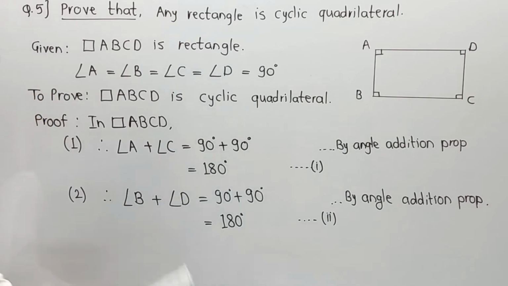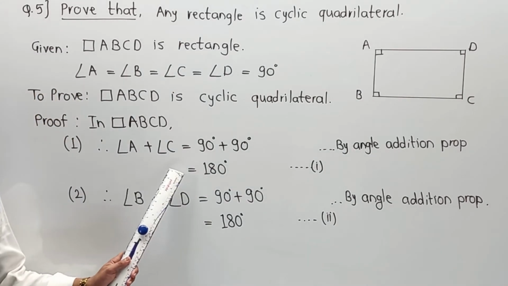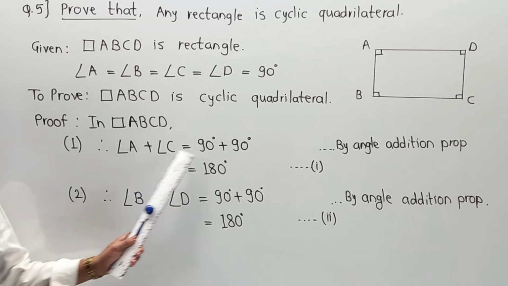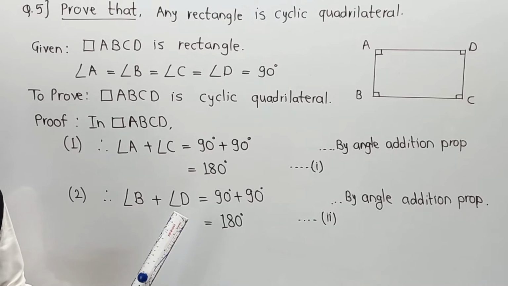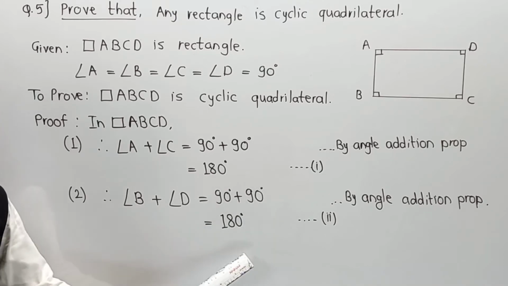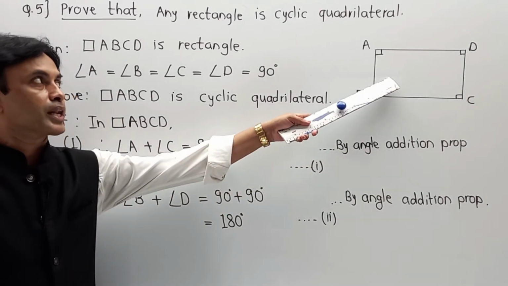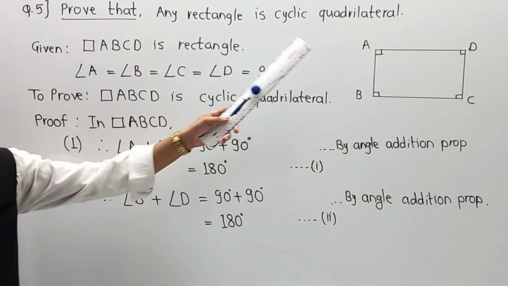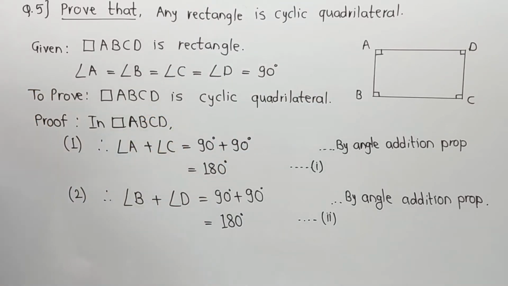Now here, in the first pair, angle A plus angle C, opposite angles of the rectangle, their addition is 180. Next, angle B plus angle D, again opposite angles, their addition is 90 plus 90, 180. That means if opposite angles are supplementary, then that quadrilateral, the rectangle, must be cyclic.